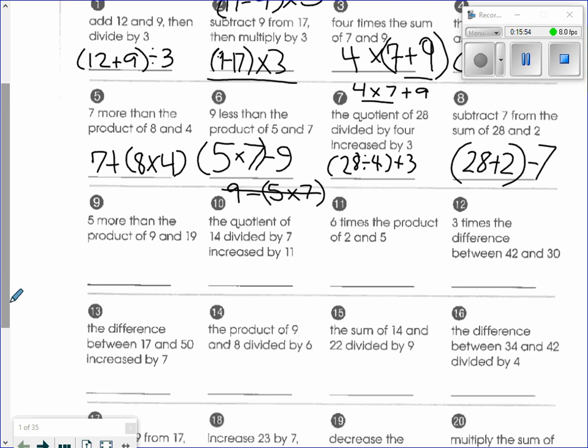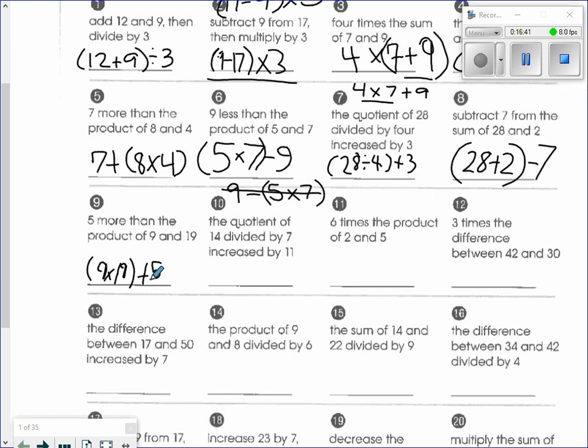5 more than the product of 9 and 19. Good.